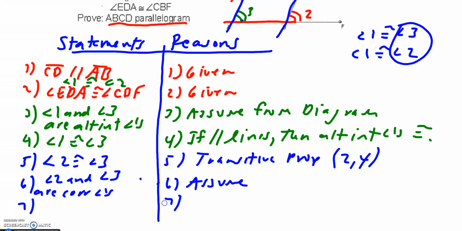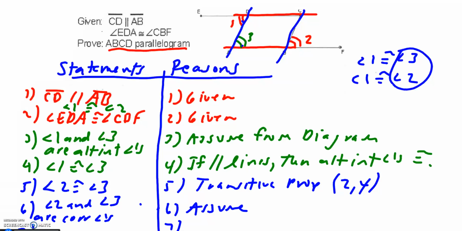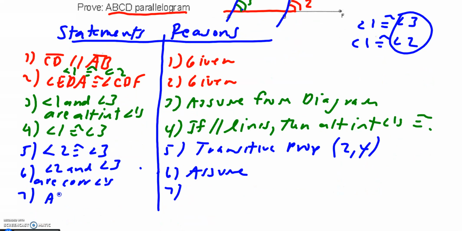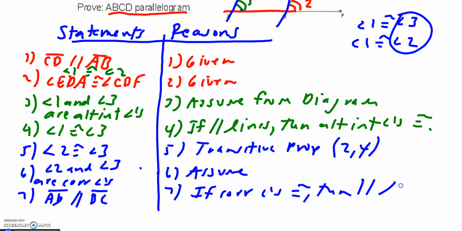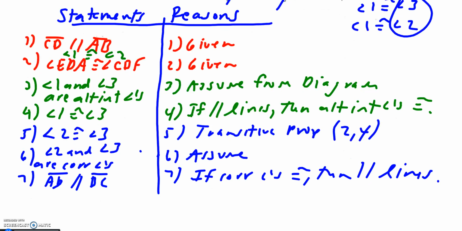Step 7, I could say that line AD and line BC are parallel. So AD is parallel to BC because if corresponding angles are congruent, then I have parallel lines. And now I know that both pairs of opposite sides are parallel, so I have my proof.